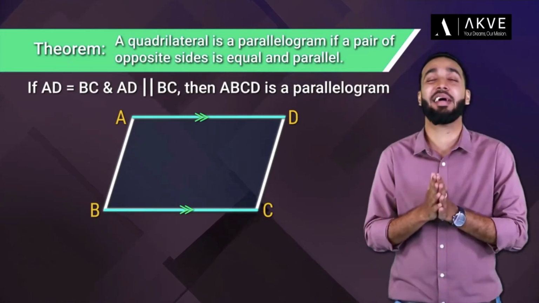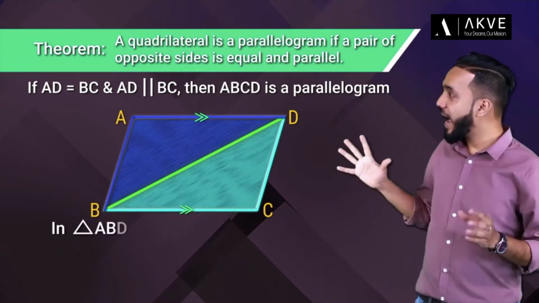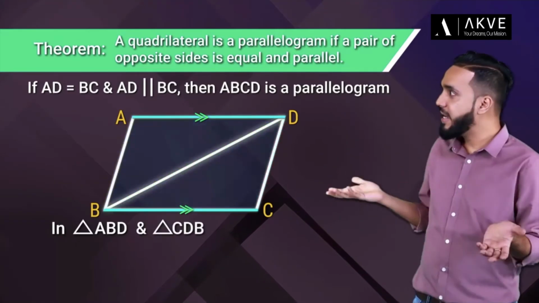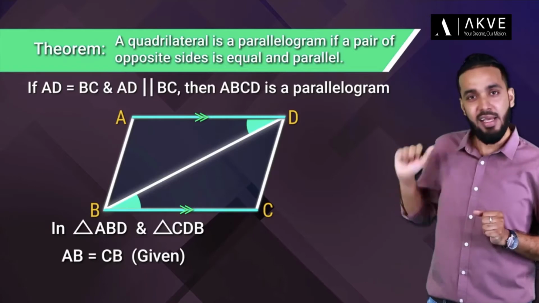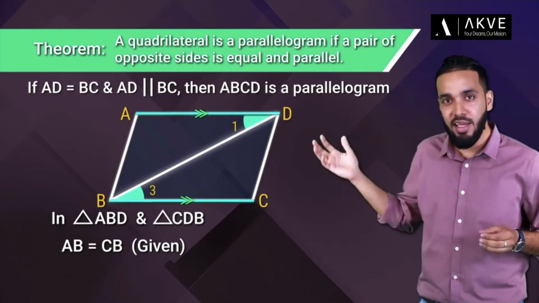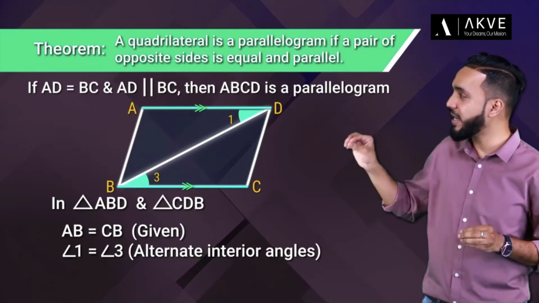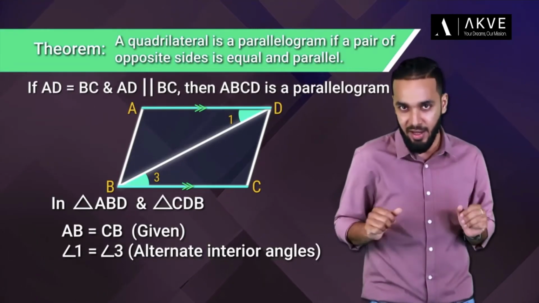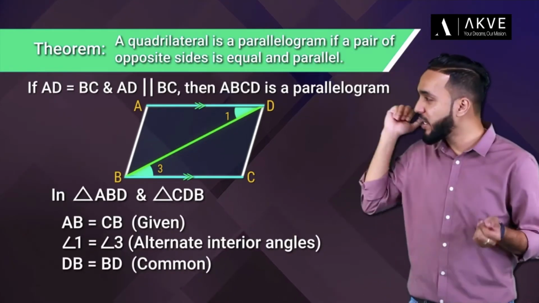Simple enough, isn't it? So, considering triangles ABD and CDB, AD is equal to CB, it's already given, and these angles, say 1 and 3, are equal because they form a pair of alternate interior angles. And DB is equal to BD because it's common in both the triangles.